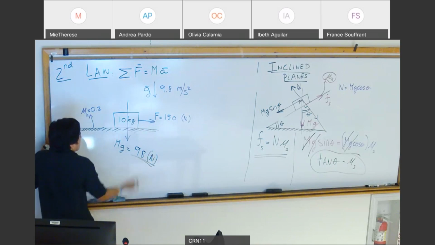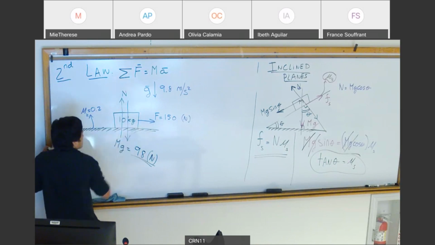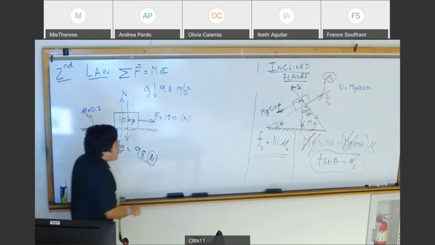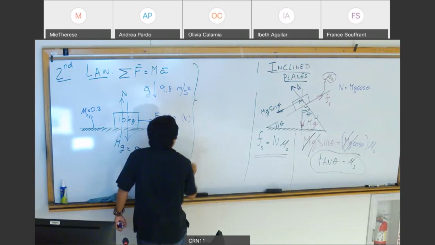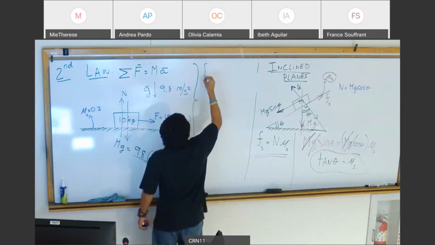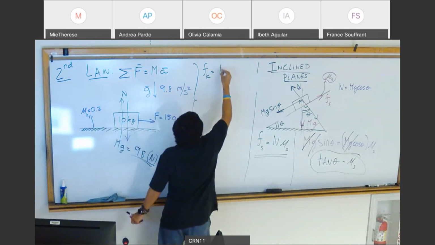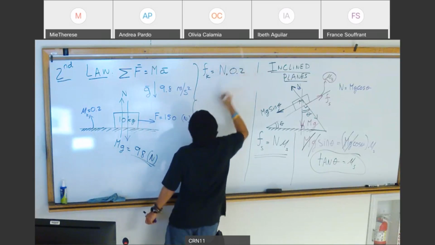But we also know there is a normal by Newton's third law, action, reaction. And because there is a normal and there is mu, we also know that the kinetic friction equals the normal times mu. Now, what's the value of that normal?